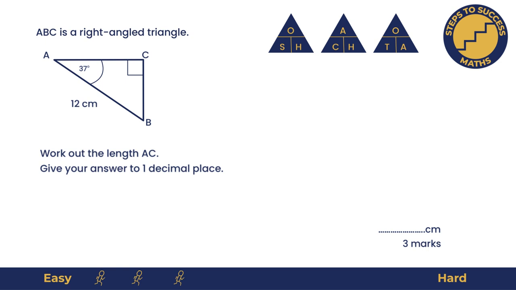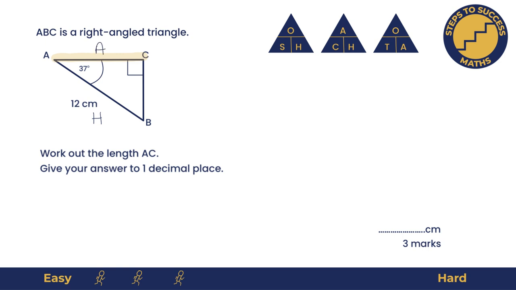ABC is a right-angled triangle. Work out the length AC. Give your answer to 1 decimal place. So this time we want to find a length, but our steps are the same. So I'm going to just keep the length called AC. So first of all, we want to know what 12 is. Well, that's the hypotenuse. It's opposite the right angle. And then the length we're looking for is the adjacent.